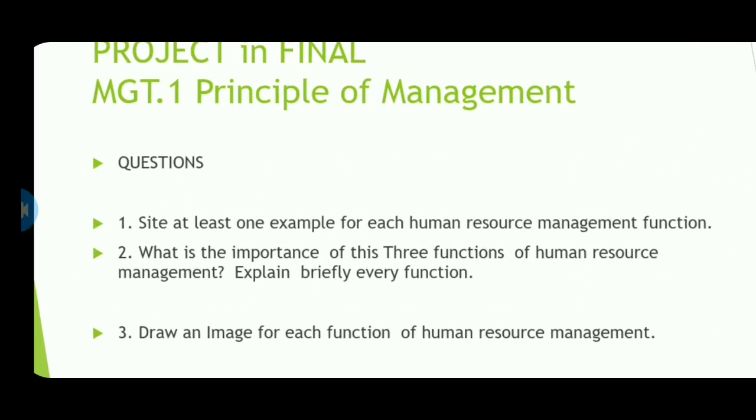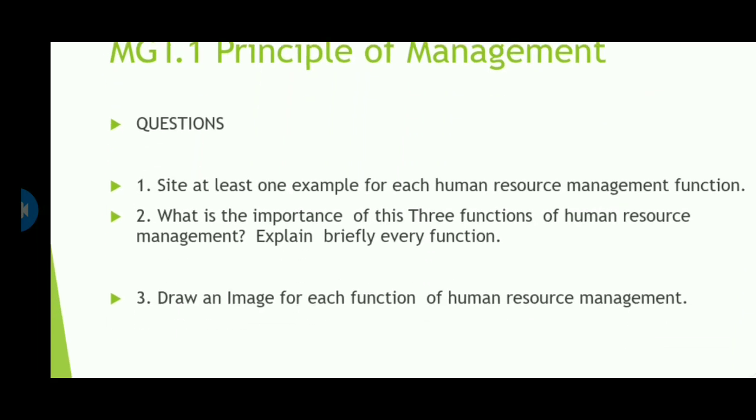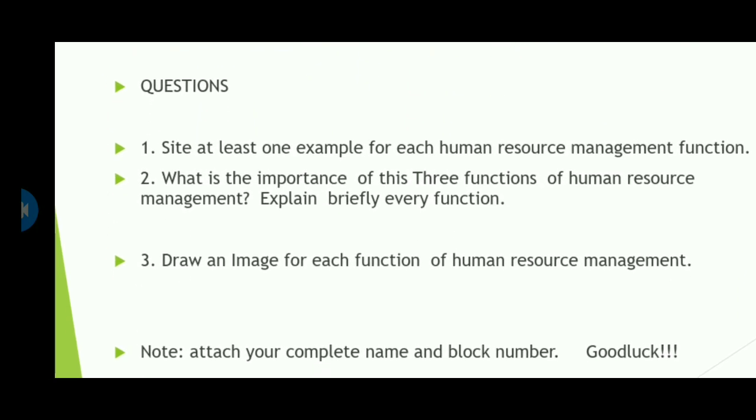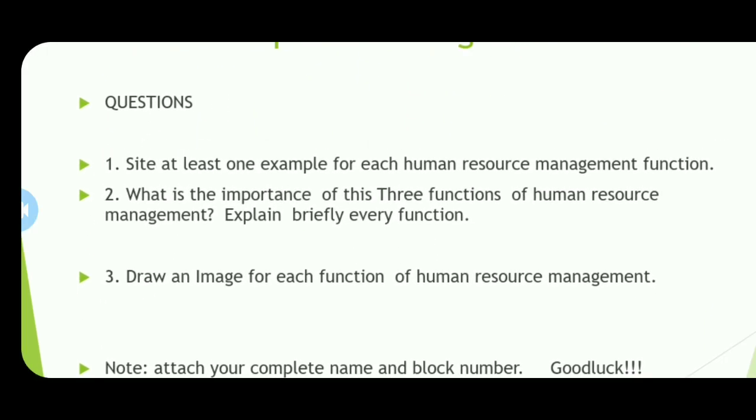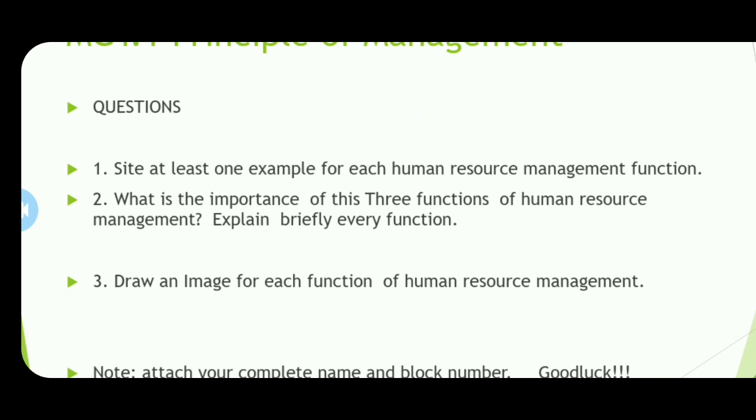The first question for you to answer is, you have to cite at least one example for each human resource management function. As mentioned earlier, the three functions of human resource management are recruitment, selection, and placement. So you have to give at least one example for each.